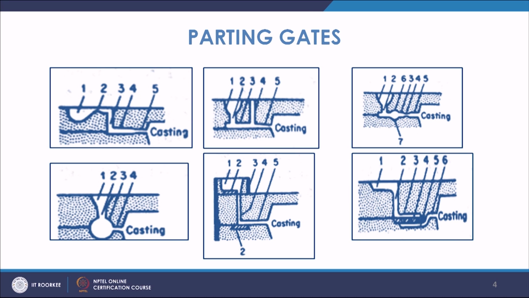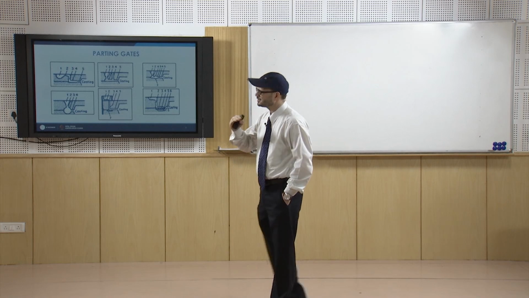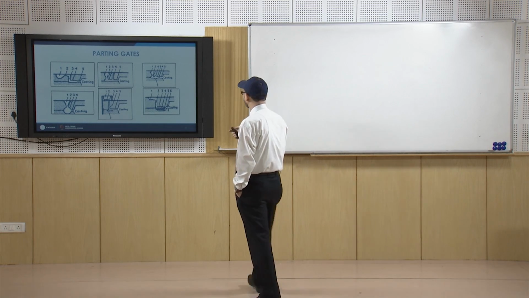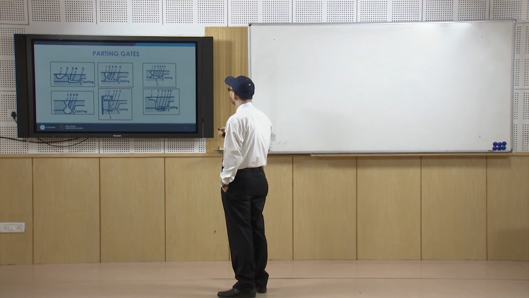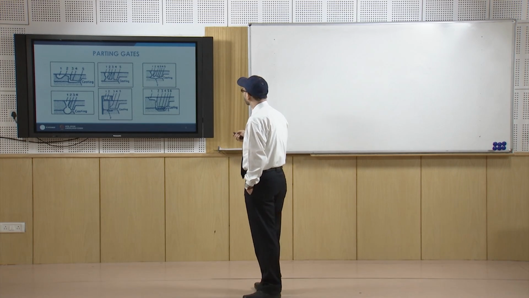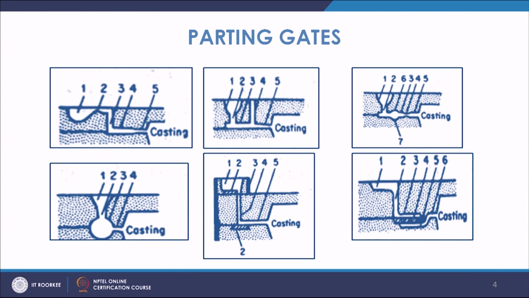Now, in this case the skim bobs are used. The skim bob's purpose is to take both kinds of impurities. If you have lighter impurities, they can go to the skim bob in the cope portion. It basically has a projection in the cope portion as well as in the drag portion.